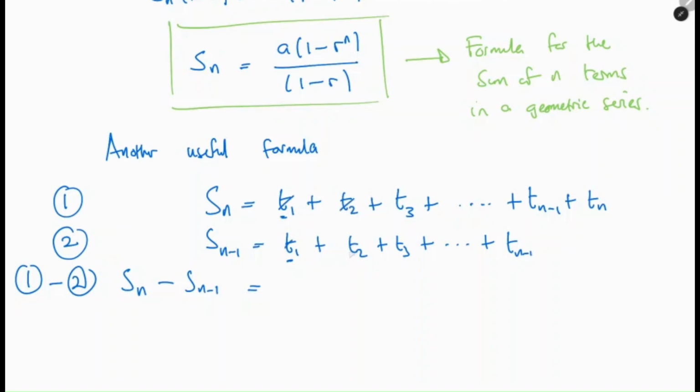T2 minus T2, those are going to cancel, all the way, and I'm going to be left with just Tn. So this right here is another useful formula that might come in handy in problem solving questions to do with geometric series. Okay, so Tn is equal to Sn minus Sn minus 1, and that brings me to the end of this video.